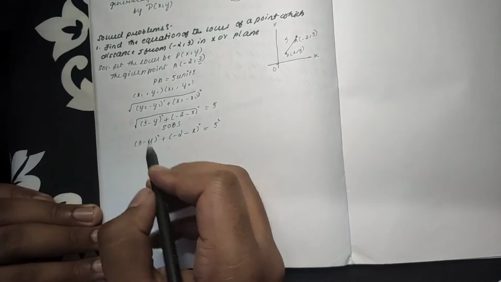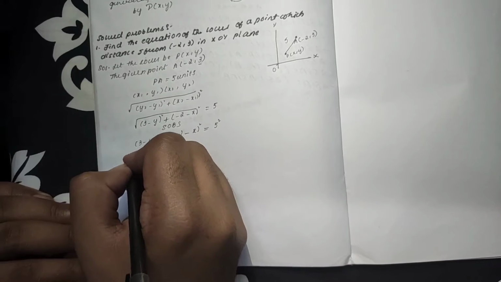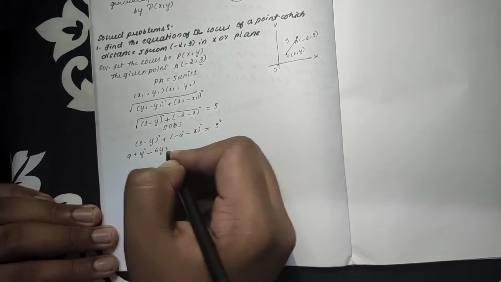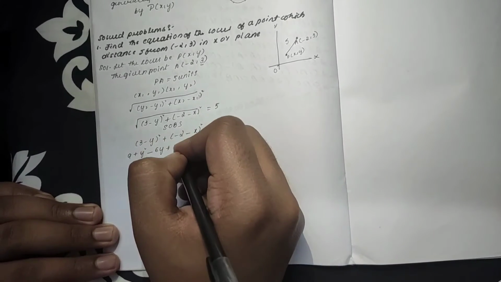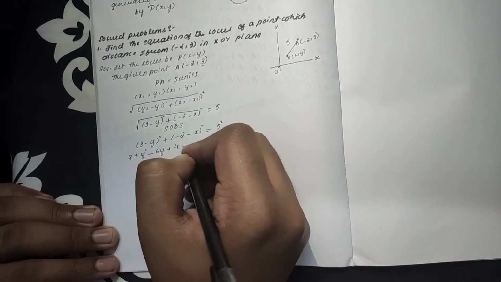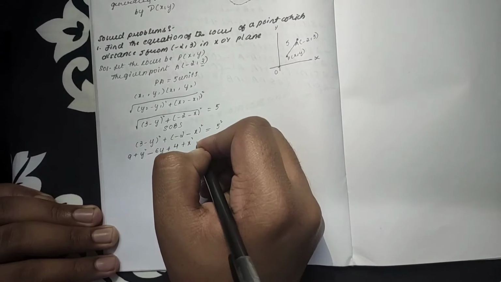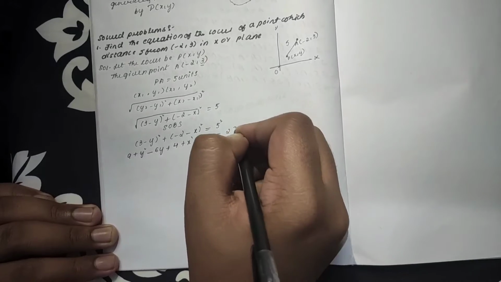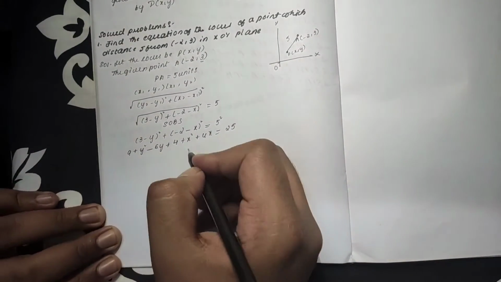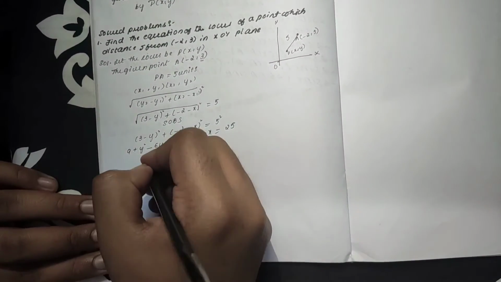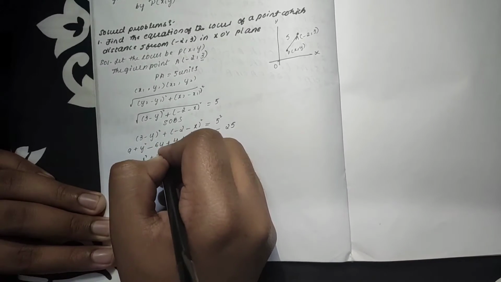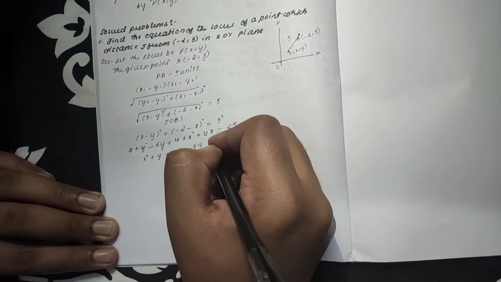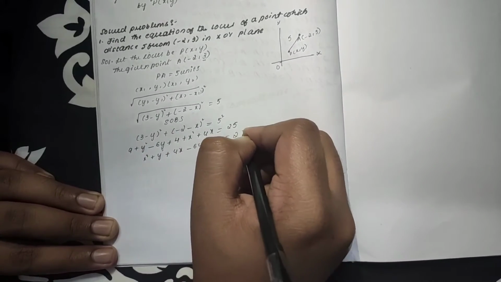Next, expand this using the formula of (a minus b) whole square, a square plus b square minus 2ab, plus a square plus b square plus 2ab, which gives 4x equals 25. First arrange the x square terms, the higher degree: x square plus y square plus 4x minus 6y, 9 plus 4 is 13, equals 25.